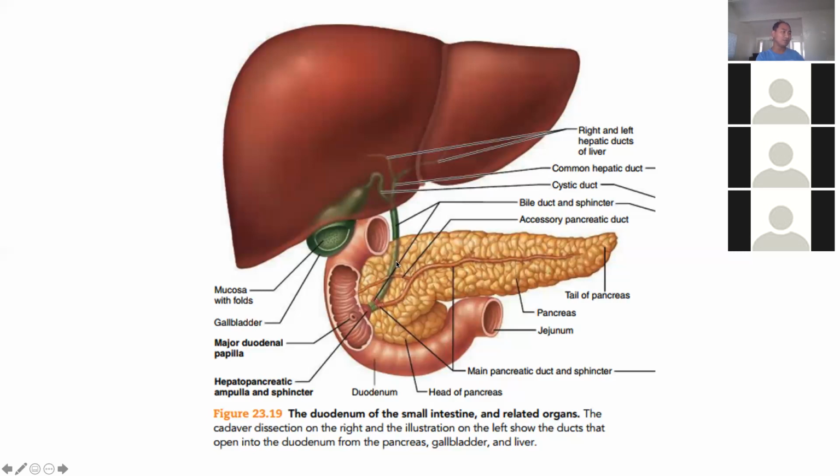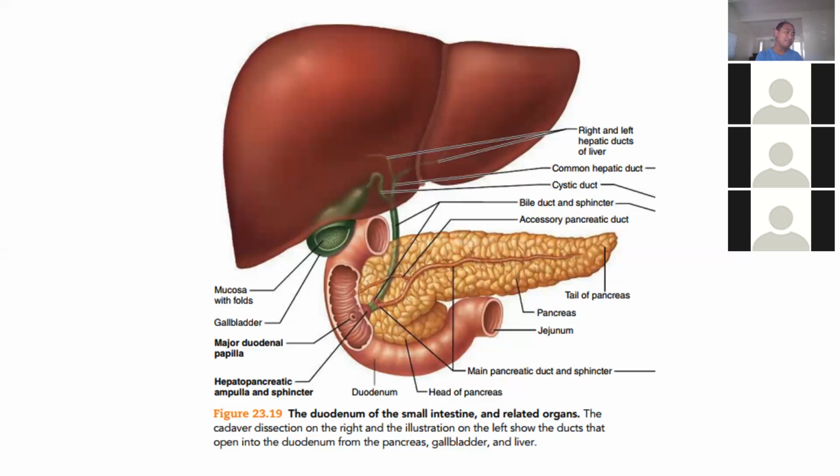CBD, common biliary tract. And if that stone blocks here, just around the ampulla of Vater, it will block the pancreatic secretion, and there will be backflow of the pancreatic secretion, and then the pancreas can get inflamed, which is what we call pancreatitis.